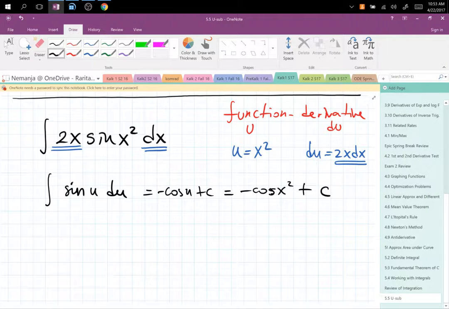What happened to du? It's right here. When you integrate, there's no more dx or du. You put plus c and you move on, right?